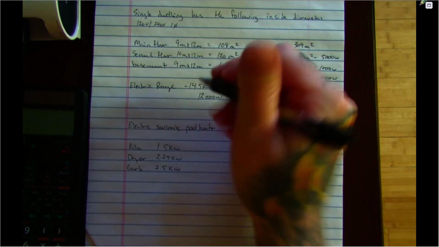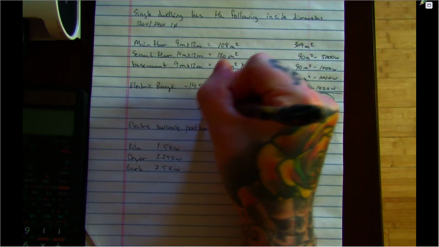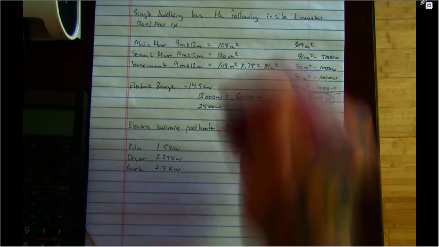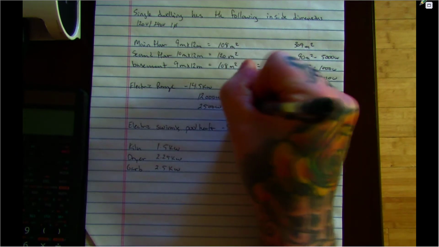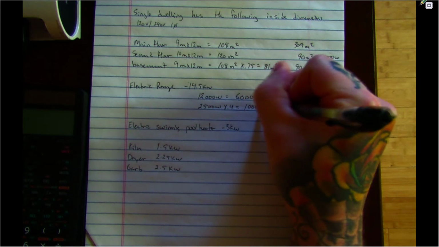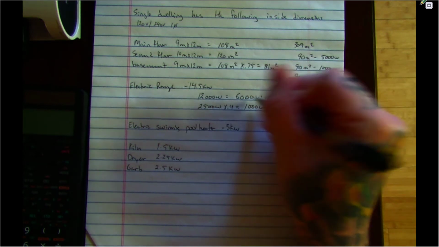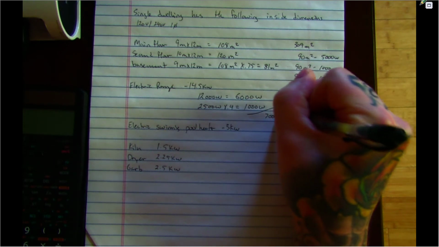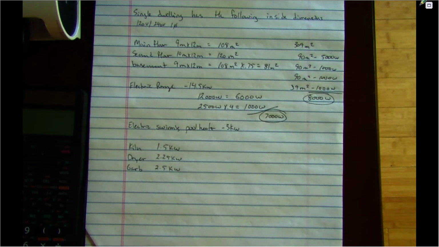Everything above and beyond, in this case another 2,500 watts, we're going to times by 40%, and we get 1,000 watts. Then we take 6,000 plus 1,000, and we get 7,000 watts. That's going for our range.